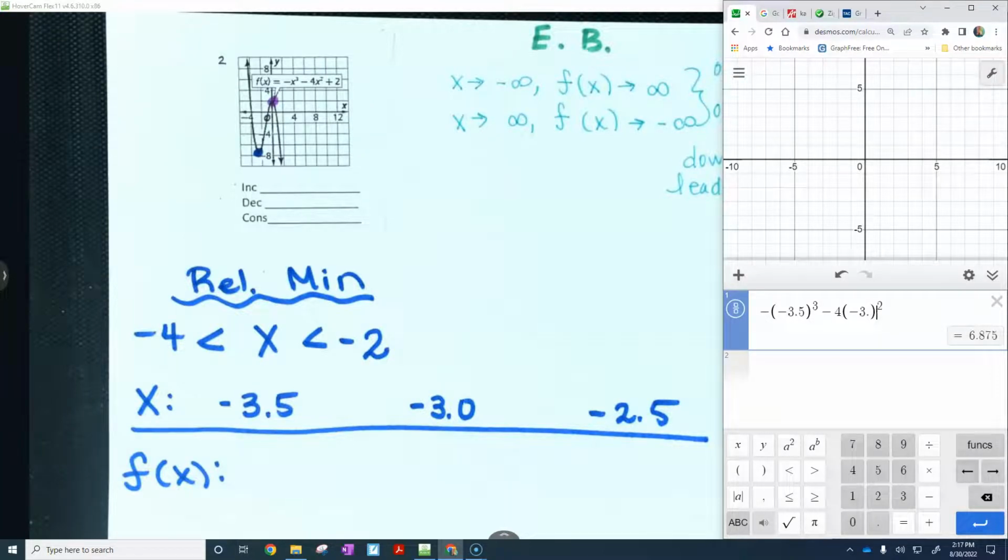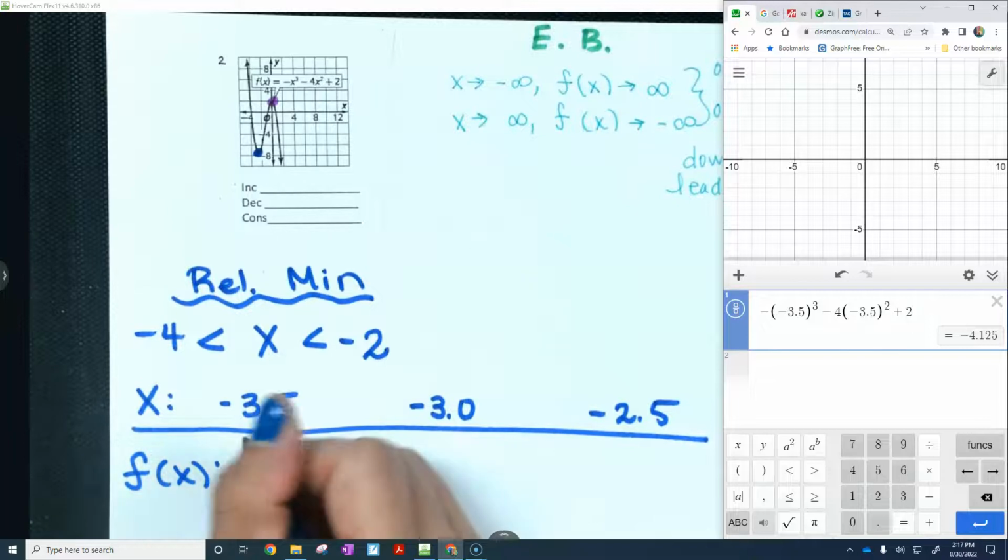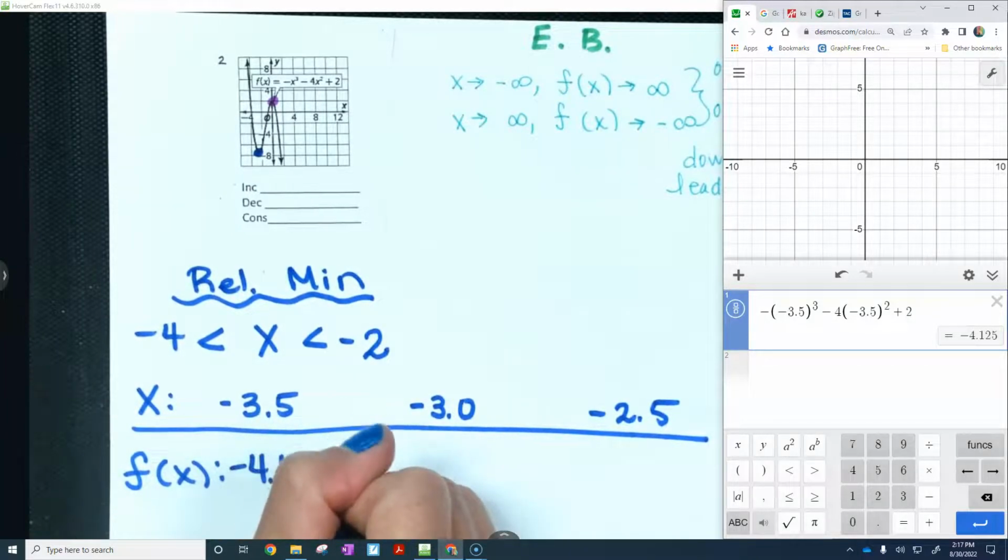Whoops. Let me get back and put my 5 there. And then don't forget plus 2. And then I have an output right here of negative 4.125. You guys should be doing this on your calculator. Are you getting this? Everybody got that? So the value of the function right down here, we're going to write negative 4.125.